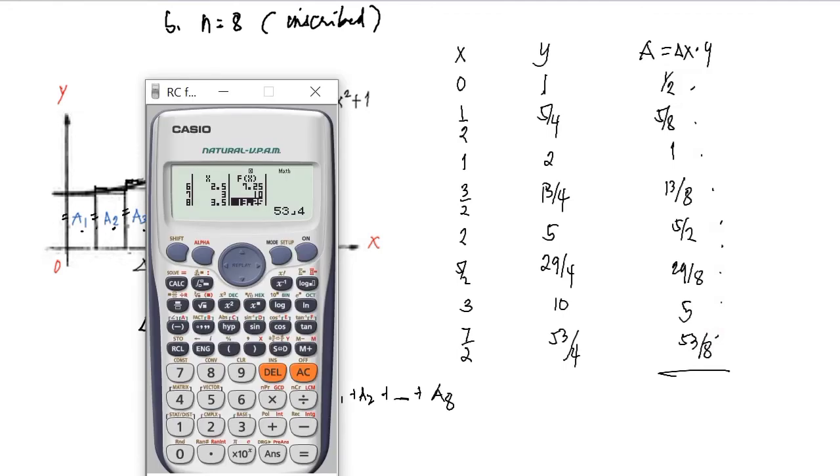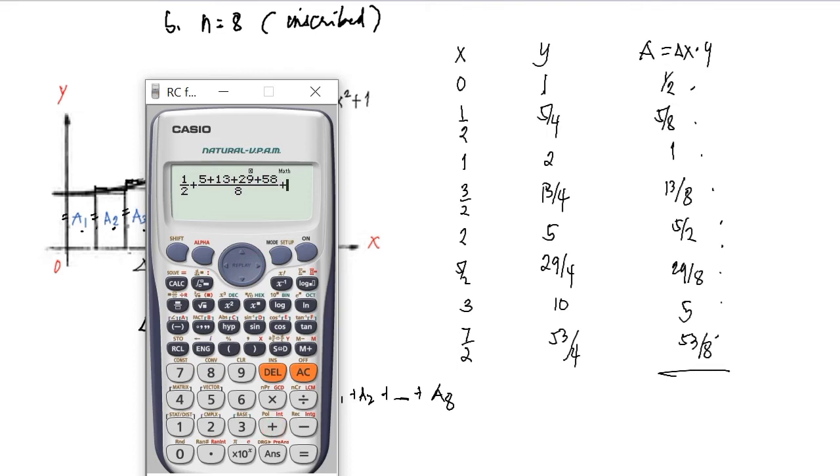So, add lang natin, and we have here 1/2 plus 5. Lahat ng may over 8, isama na natin para isang compute na lang. 13. We have 29 and 53/8. No?